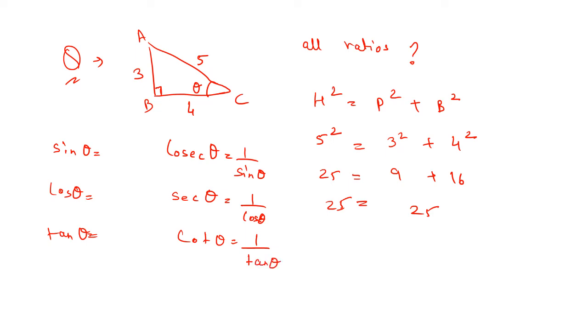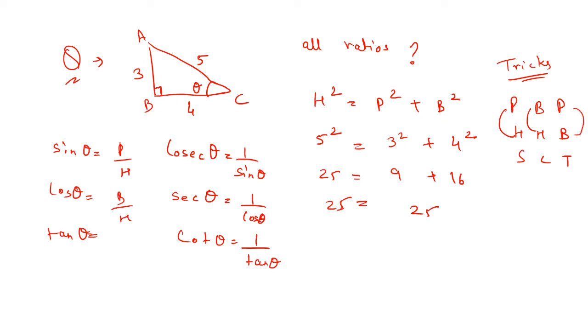If you remember the trick of the ratios, Pandit Badri Prasad Har Bole, SCT: sine is the ratio of perpendicular upon hypotenuse, cos is the ratio of base upon hypotenuse, and tan is the ratio of perpendicular upon base.